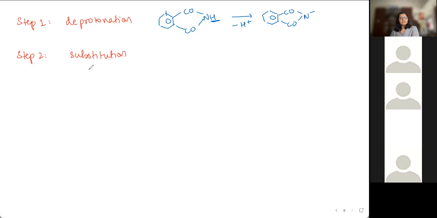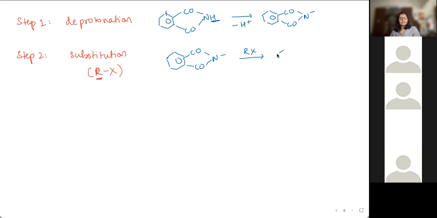So substitution. So substitution is happening with the alkyl halide. So whatever alkyl or aryl group you introduce from this RX, that is what is being substituted over here in place of this thing. So you have the anion.